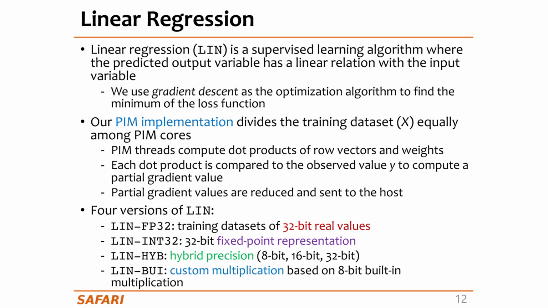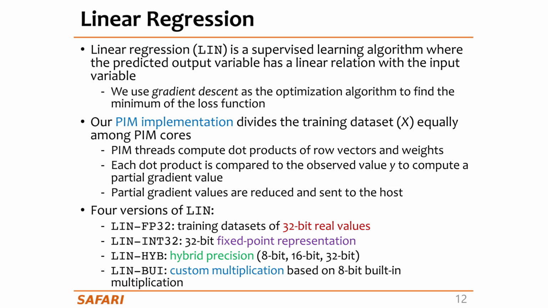We partition the training data set into equally sized chunks that we assign to different PIM cores, and inside each of them we compute the dot product between the row vectors and the weights. Then we compare each dot product result to the observed value to compute a partial gradient value, and these are later reduced in the host processor.